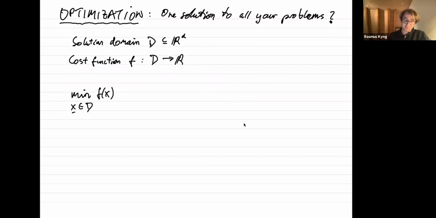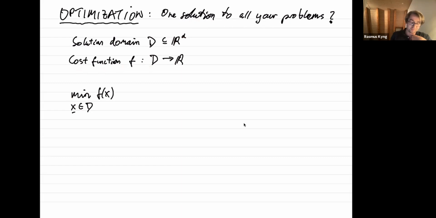So what's optimization? It's this kind of amazing thing that sounds like it's going to be one or two solutions to all of your problems. So you start with some solution domain, D, which we'll think of as a subset of a d-dimensional real space. And then we have a cost function that assigns a cost to every solution.